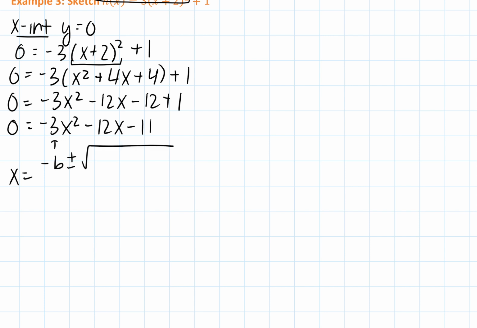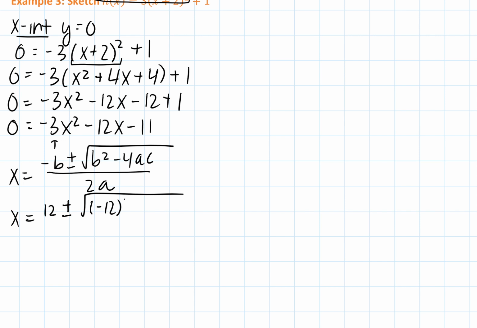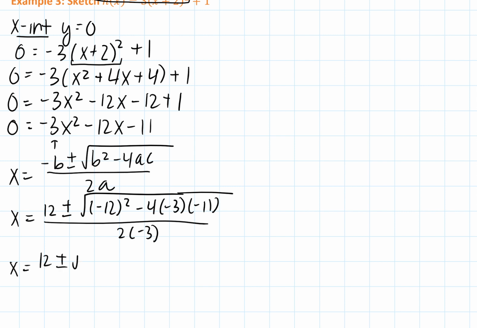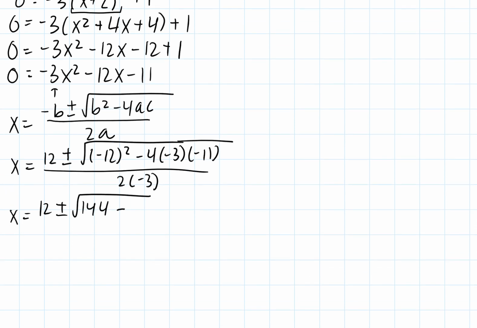x equals -b plus or minus the square root of b squared minus 4ac all over 2a. We'll have minus 4 times -3 times -11.